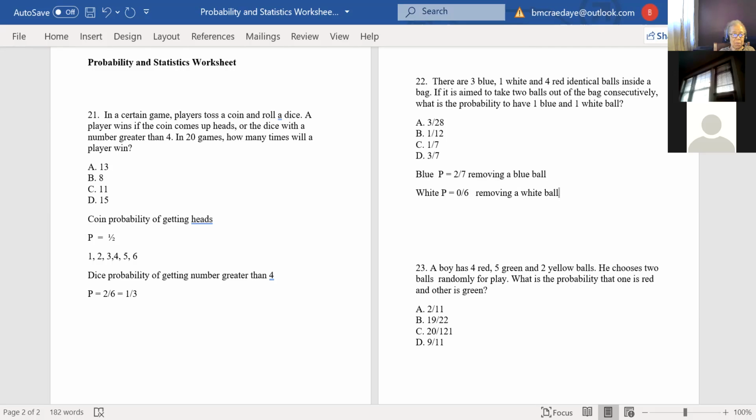Okay, 23. Let me look at 23. 4 red, 5 green, 2 yellow. That's 9, 11. One is red and one is green. So 5 over 5, 9 to 11.